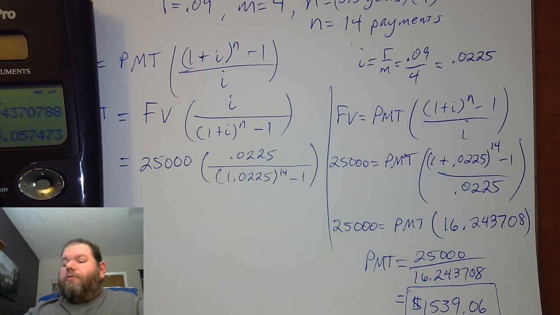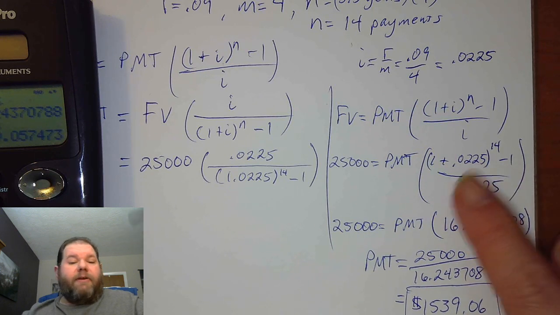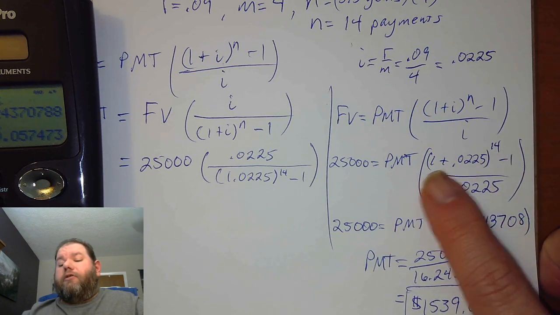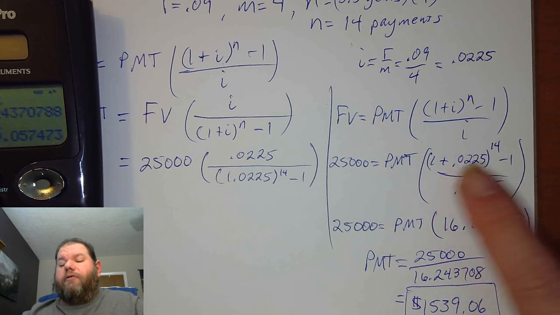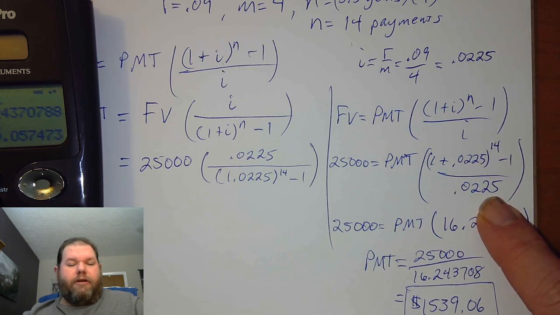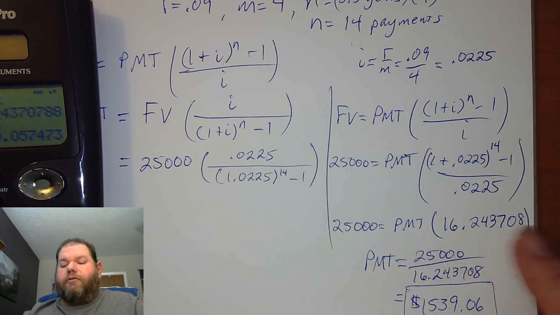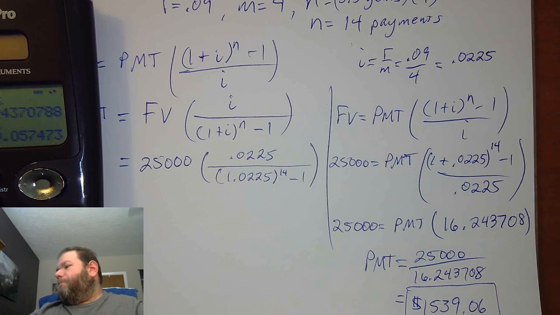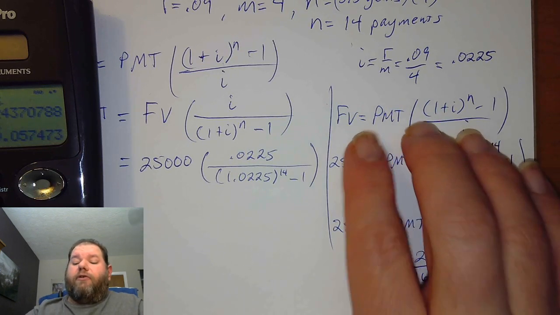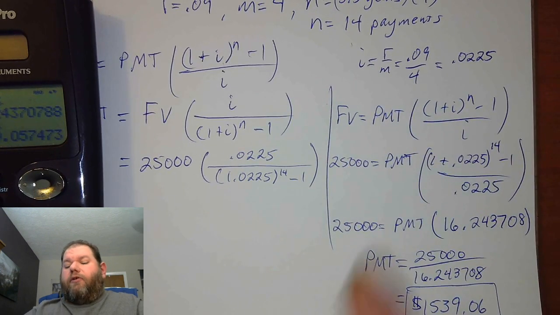Whereas, as you saw me do, I could do this step by step in the calculator. Do this part to a power, enter, subtract 1, enter, and then divide and enter and get to a result here. So from a calculation standpoint, I think it's easier just to use our same formula, but solve for the payment at the last step.